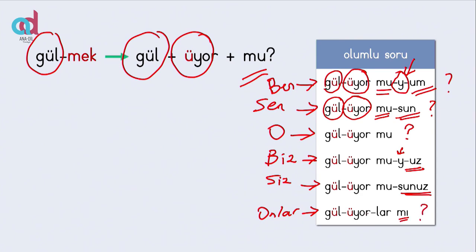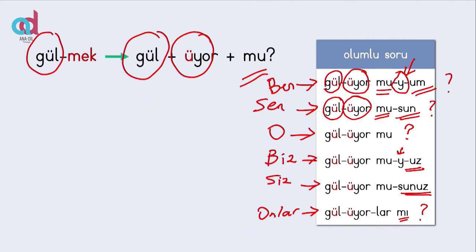Here there is one irregular case. You probably noticed that. This is a little difficult to explain why, but this is something that you need to remember, memorize. We do not say onlar gülüyor mılar. Instead, we change the place.